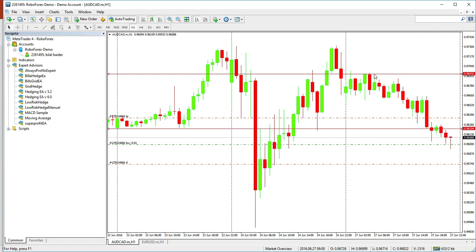You can actually start two sequences at the same time now with version 6.0.